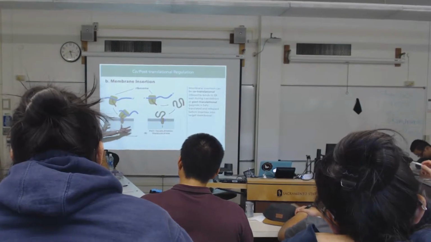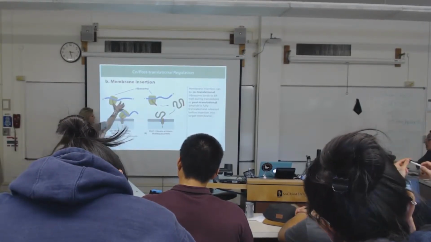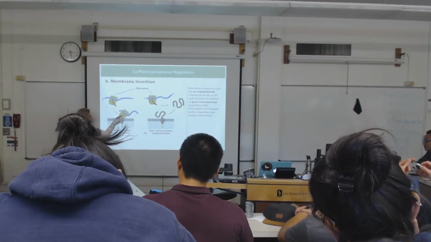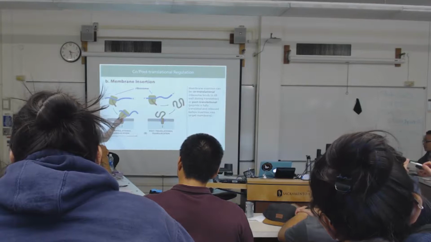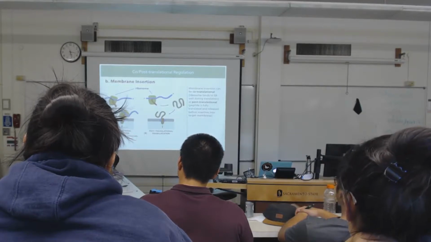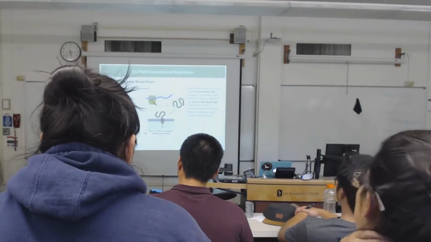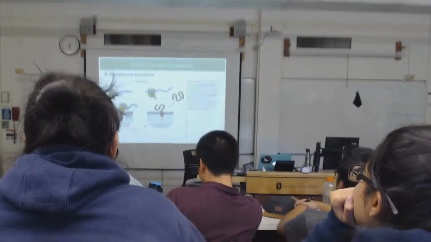What this image is trying to show is that some peptides are translocated across the membrane as they're being synthesized. That's referred to as co-translational membrane insertion or co-translational translocation. So co means with, right? During translation, it's translocated across the membrane.